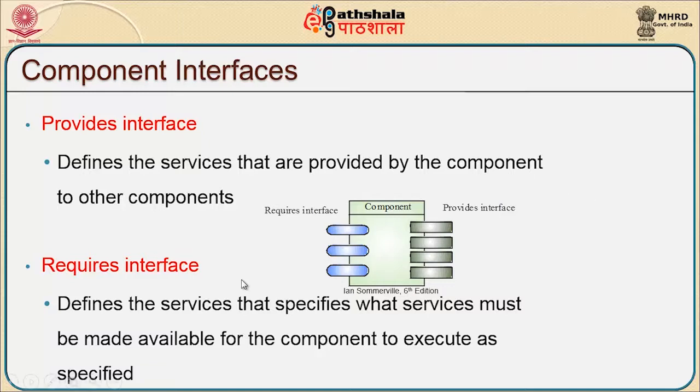Whereas the requires interface specifies what types of services must be made available for the component to be executed as specified. In order to execute this component, these are the services the system requires, whereas the provides interface is the services provided to the external world.